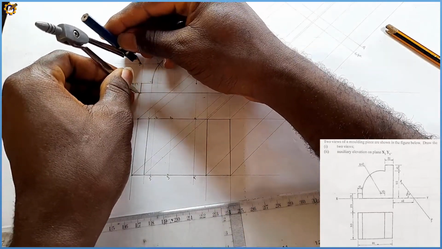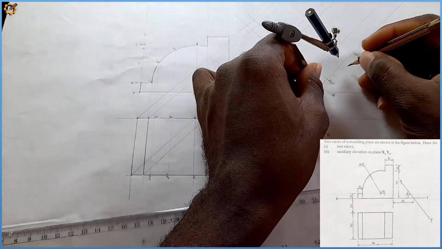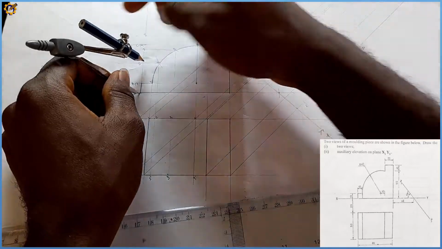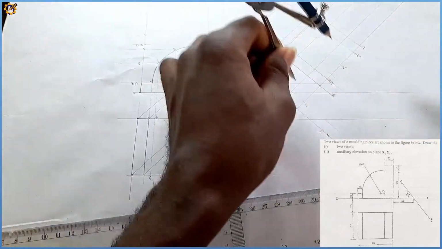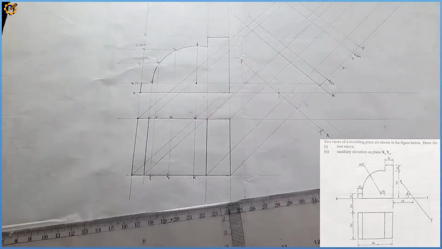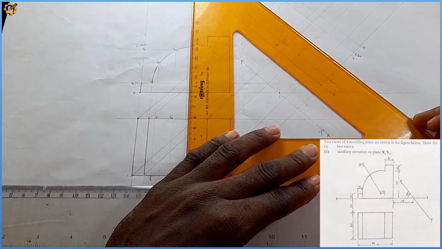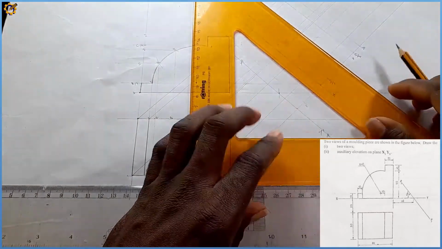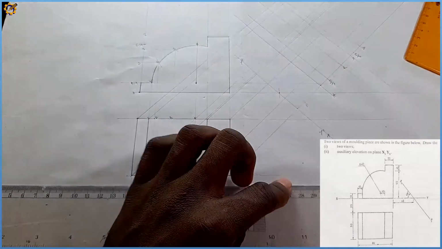So A to 2, then A to 3. With my 45-degree set square, I'm going to project lines faintly on mark 2 and faintly on mark 3.